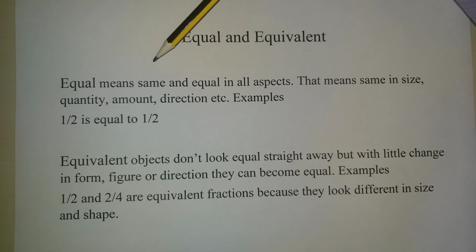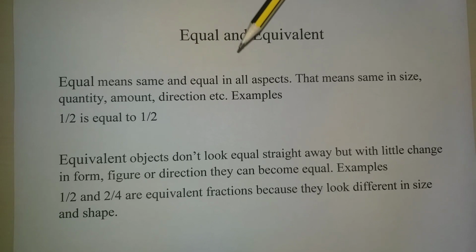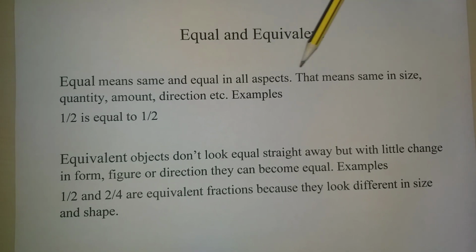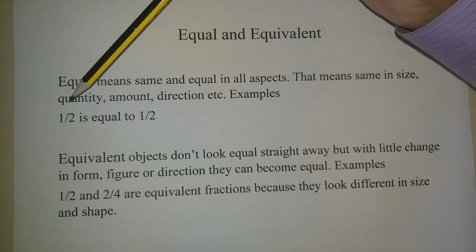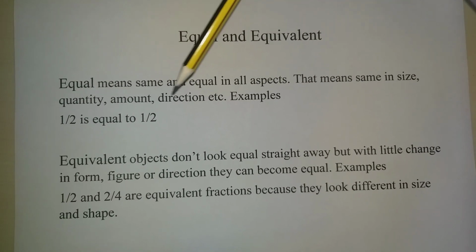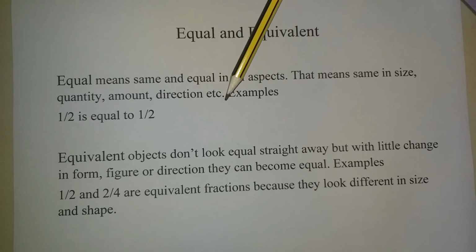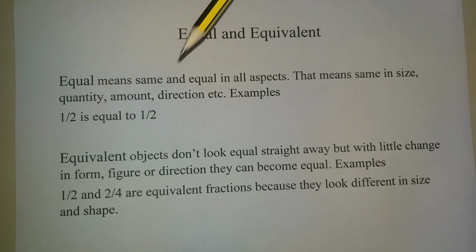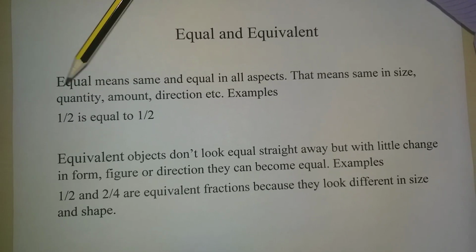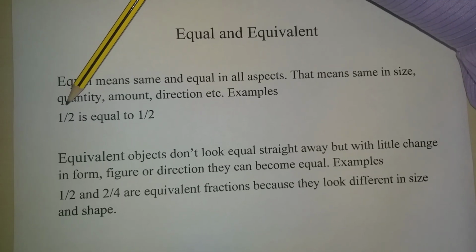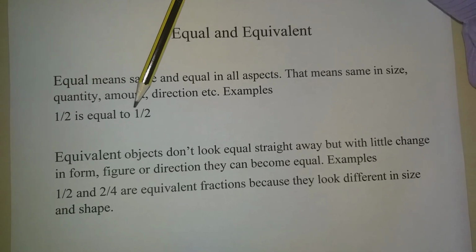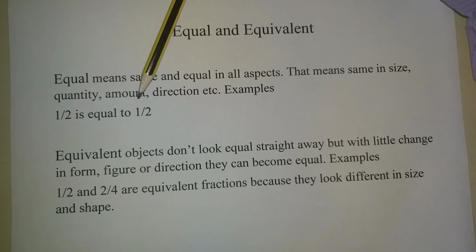Equal means same and equal in all aspects. That means same in size, quantity, amount, direction, etc. The example, as we discussed in the previous lesson, these two fractions 1 divided by 2 is equal to 1 divided by 2.